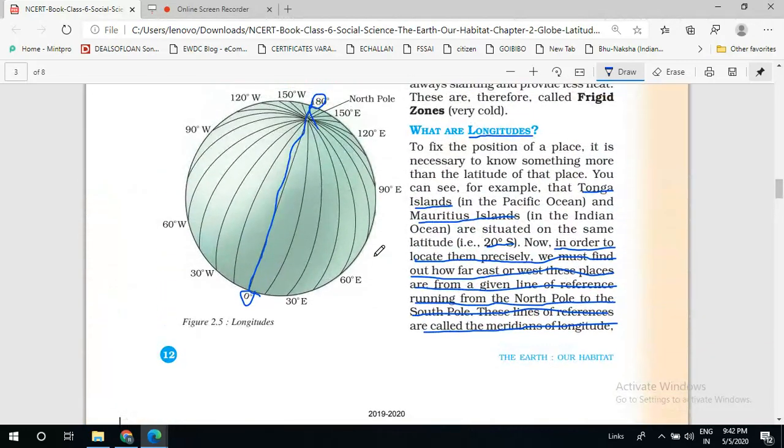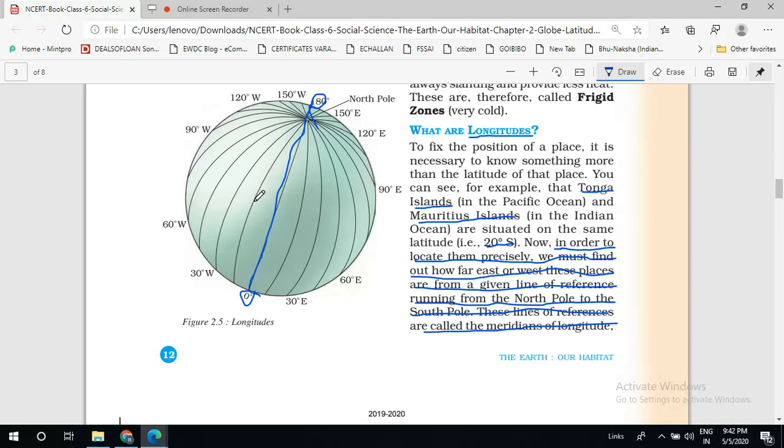We can see in this picture that all the meridians of longitudes meet at the poles. The distance between the two longitudes is the highest at the equator.